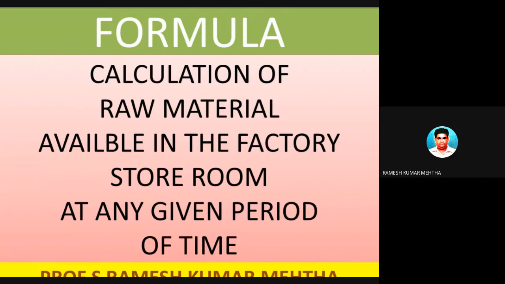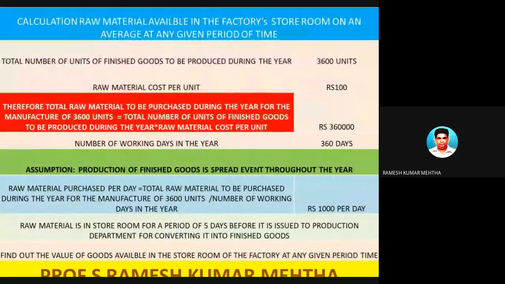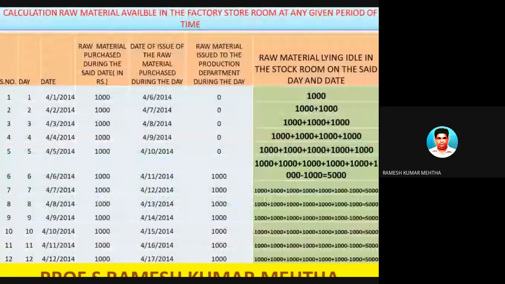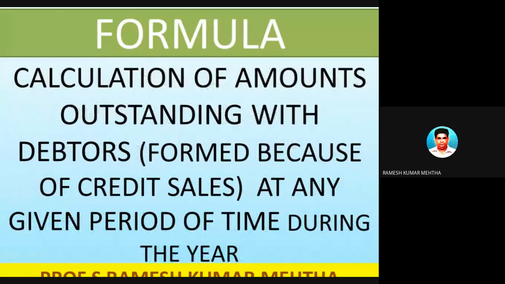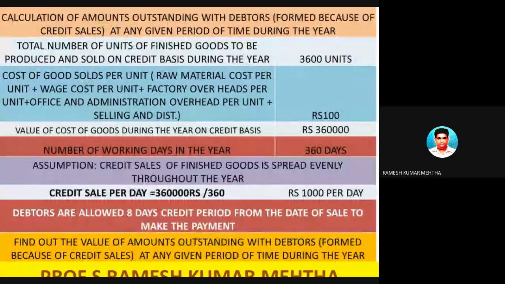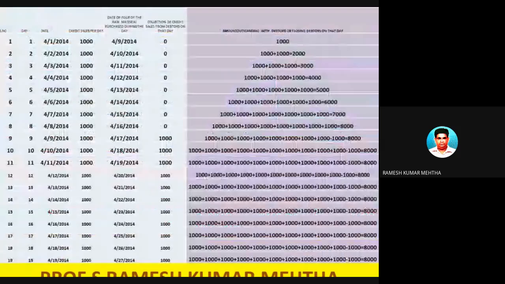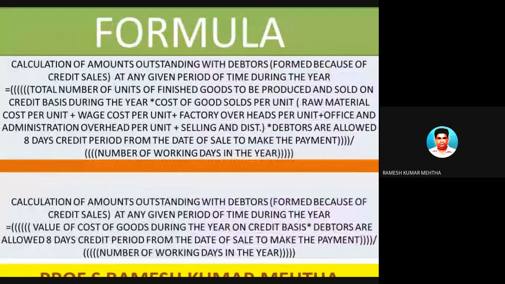So this was the numerical problem we solved, and then we found out the formula for the calculation of raw material at any given period of time, and subsequently spoke about the amount of money which is outstanding with debtors at any given period of time, and we used this particular numerical problem to find out the answer to the formula of amount outstanding with debtors.